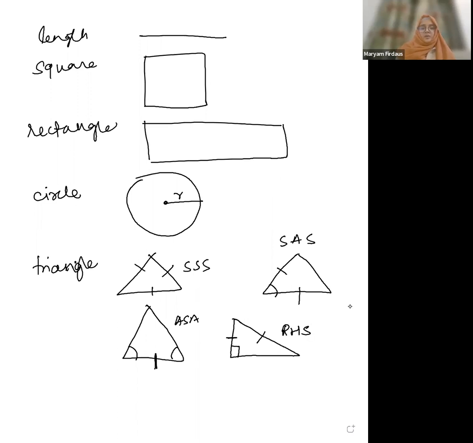Okay, so let's focus on the first one. What will happen if someone is asking you to construct a triangle where all three sides are given? Let's take an example: 5 centimeters, 6 centimeters, and 7 centimeters.